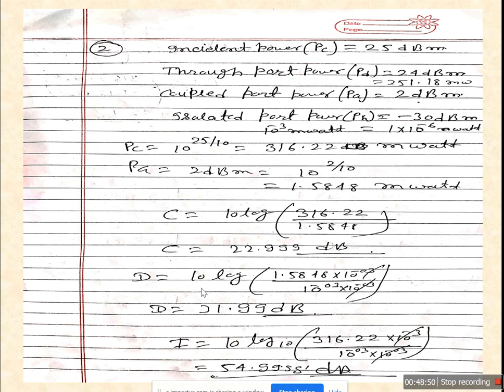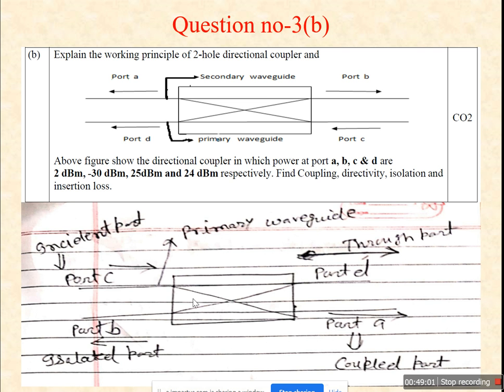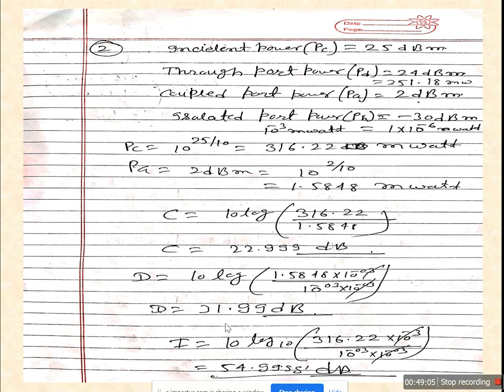C is this and D is the directivity, 1.58. Simply you can find out 1.5, that means PA. PA is the coupled port upon the isolated port. Directivity is the power at the coupled port upon the isolated port. This is the portion. And D is given here.